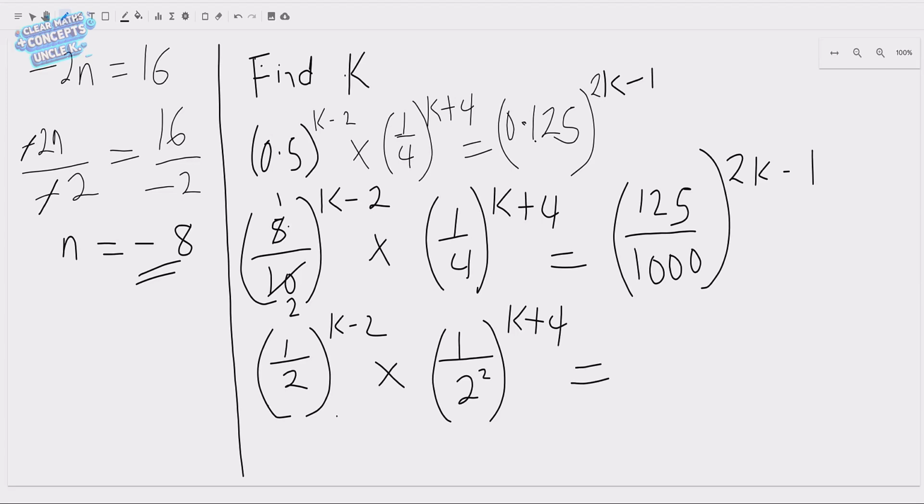Now 1 to 5 can be written as 5 raised to 3. If you don't know how I got that, just take 1 to 5. What can go in 1 to 5? 5. Just draw a table. 5 in 125 is 25. 5 in 25 is 5. 5 in 5 is 1. So the same here you have 10 raised to 3.